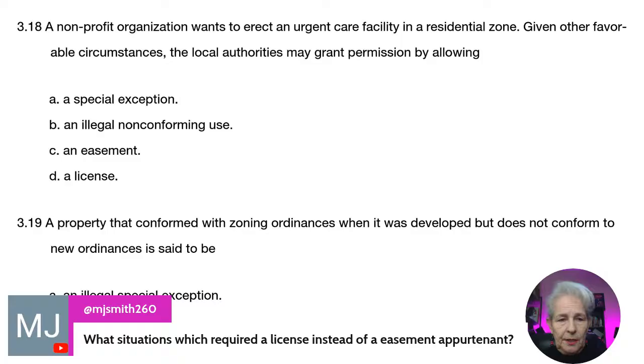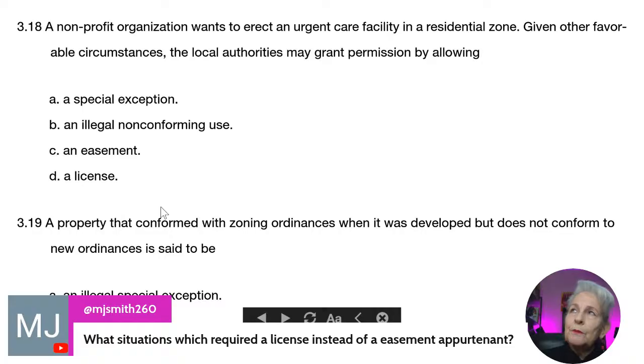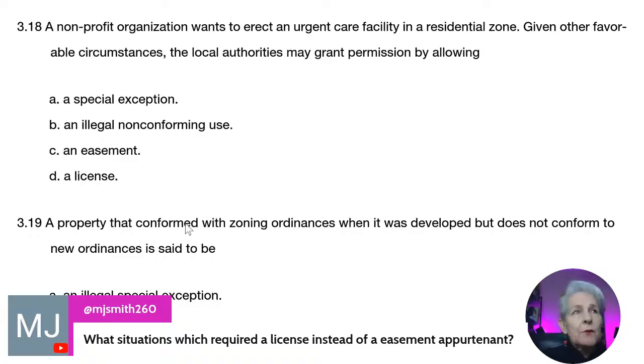So then here, what situations would require a license instead of an easement appurtenant? Let's see, waterway use, the right to use of water, but it's not a license.